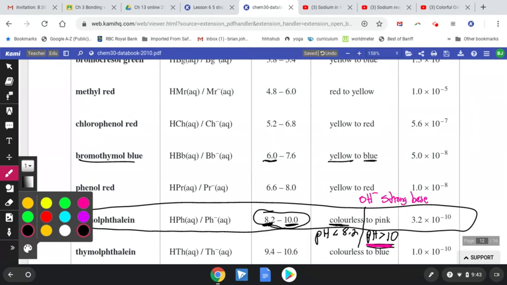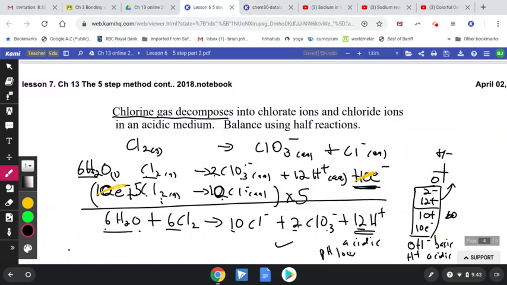So we would start out probably blue or green because the pH would be neutral or probably neutral. So blue, green, and it would switch to yellow. So I could put bromothymol blue in, and it turns yellow to show us that it is indeed acidic.